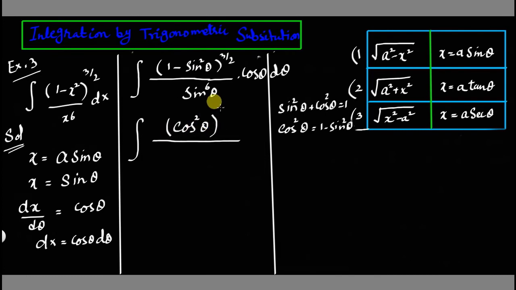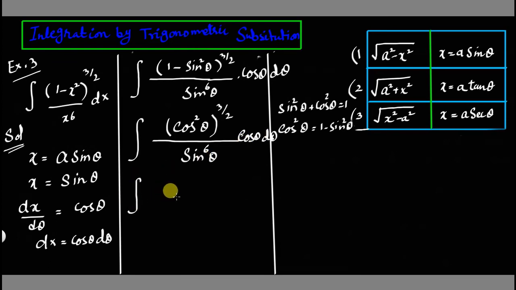The total power 3 by 2 will be as it is, and in the denominator we have sine 6 theta, and then you have cos theta d theta as well.